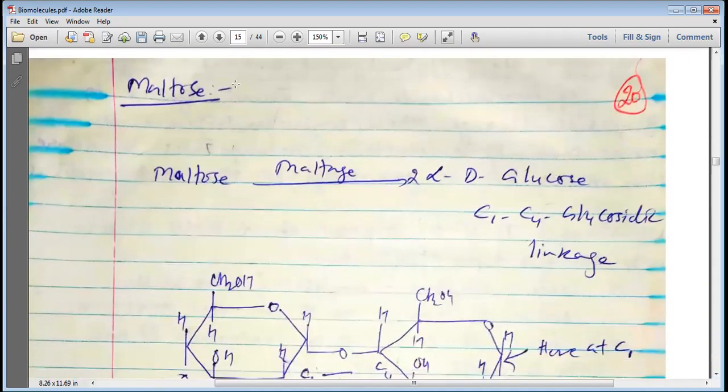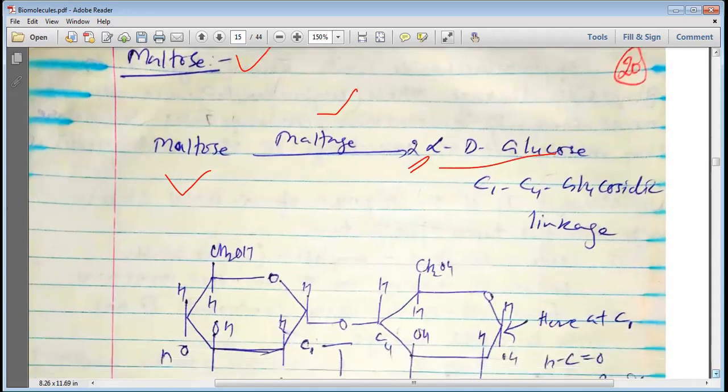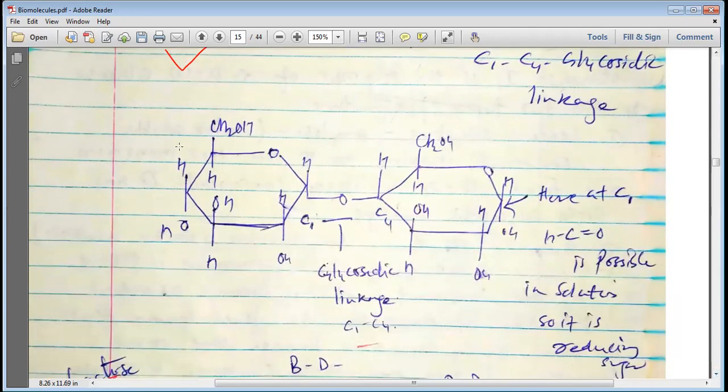We have maltose, my dear students. Maltose, when it undergoes hydrolysis in the presence of the enzyme maltase, gives us two molecules of alpha D glucose. If you look into the structure of maltose, we have a C1C4 glycosidic linkage between this alpha D glucose and alpha D glucose.